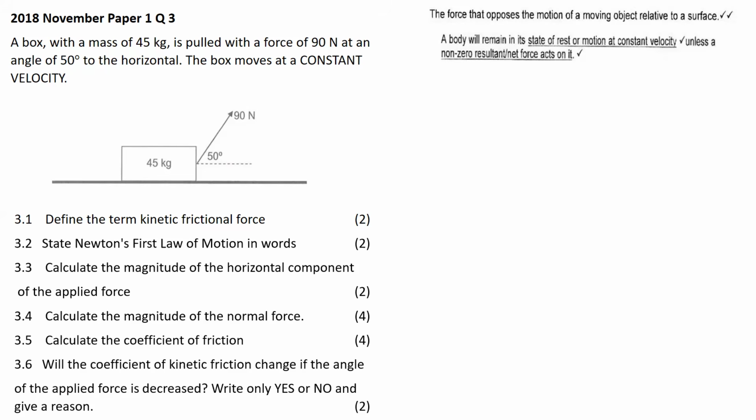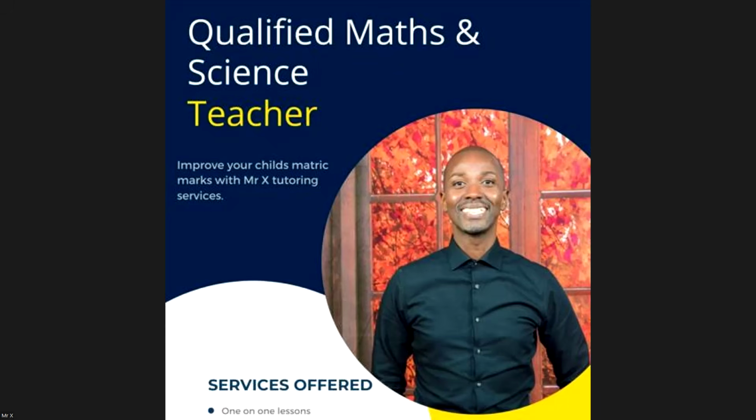Beautiful. The coefficient is dependent on the nature of the surfaces. All right, perfect. Now, just so we may know, the coefficient is dependent on the nature of the surfaces right there.